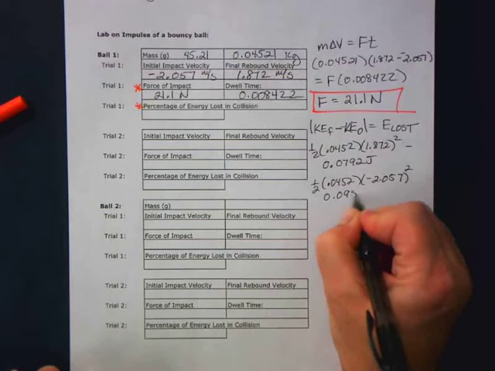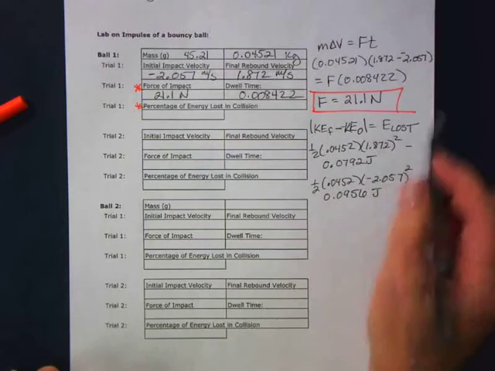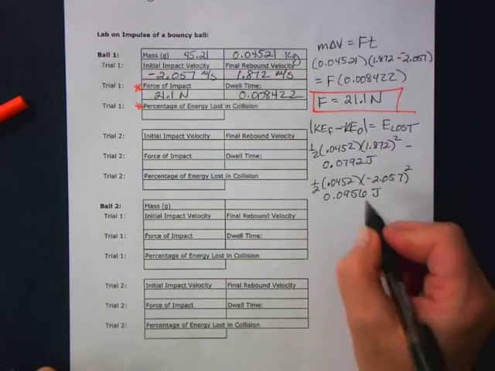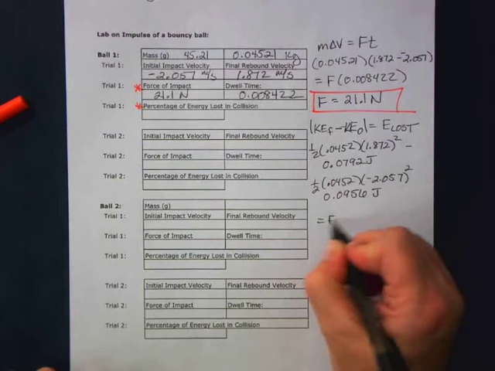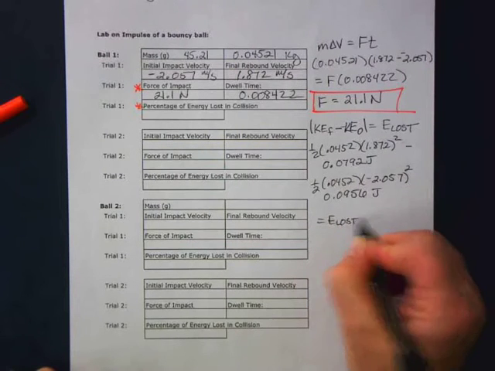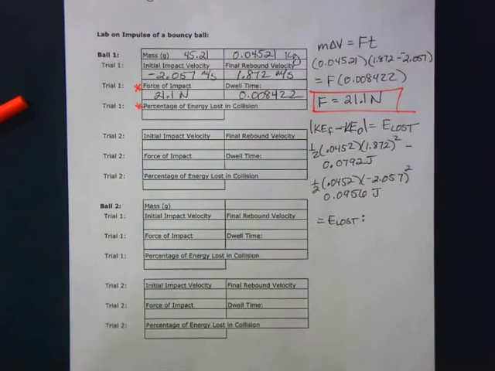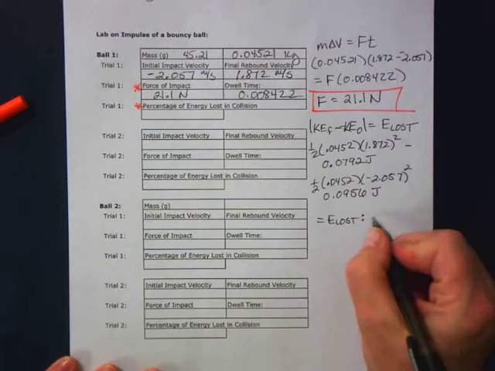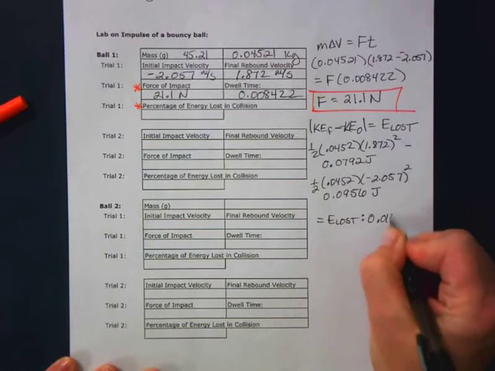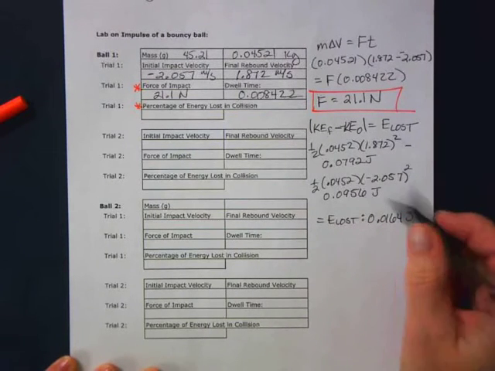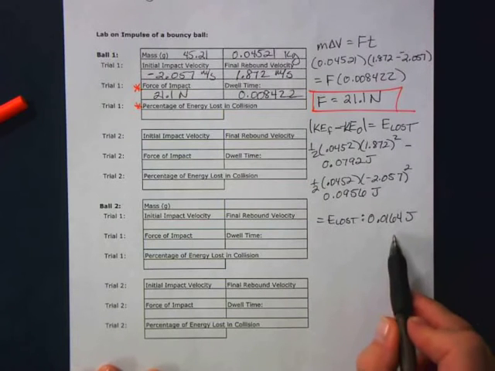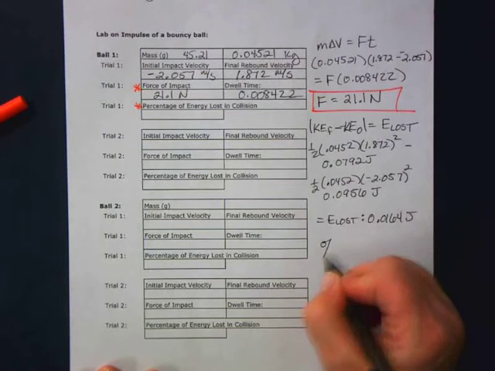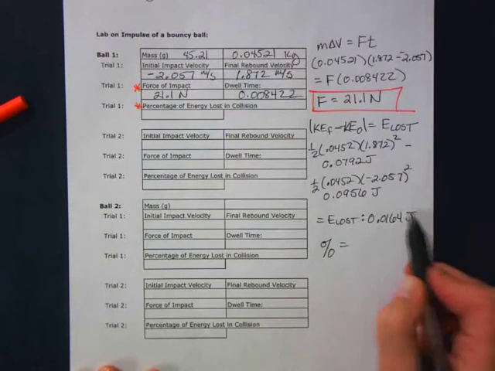And the initial is 0.0956 joules. When I subtract those, I get 0.0164. That is the actual energy lost in joules.